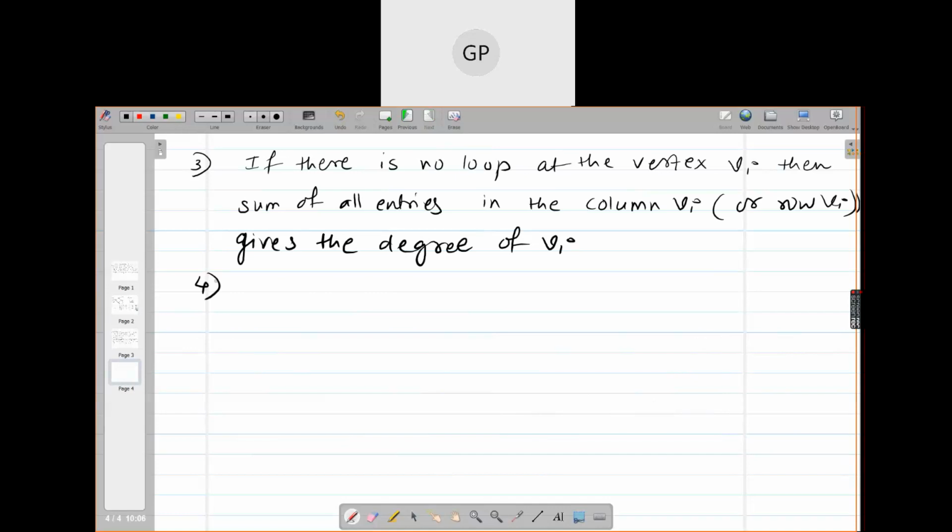So if there is no loop, then directly you can add. If there is a loop, you have to consider that loop, so you have to add 2.